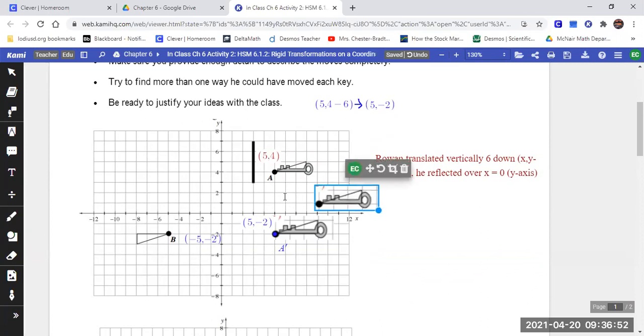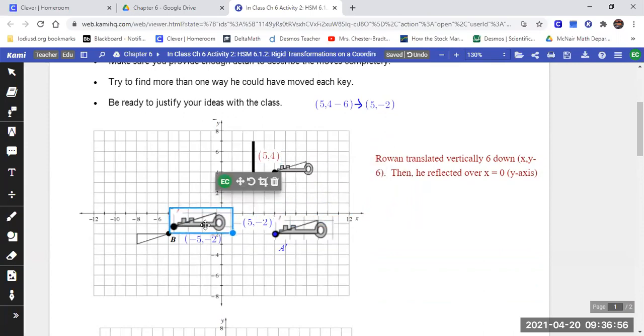So I want my key over here, but it has to face the other direction. Let me see what I can do to get it to face the other direction. Nope. I can't make it reflect over. I can't fold it so it flips that way.